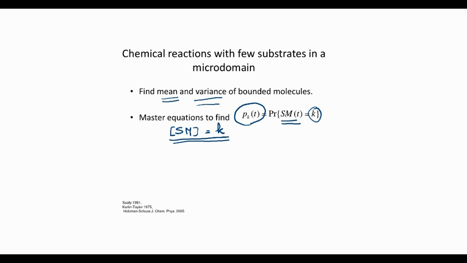So for this we need to write a Markov chain. So how do you make a transition from k, let's say, to k plus 1, or from k minus 1 to k? What are the rates here for those transitions?